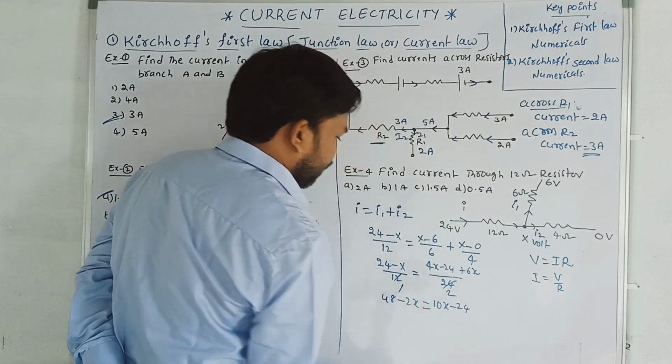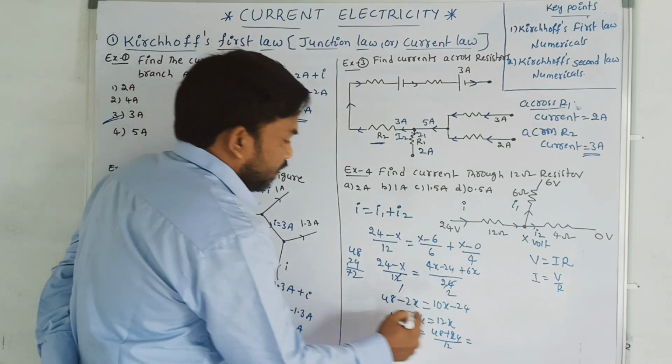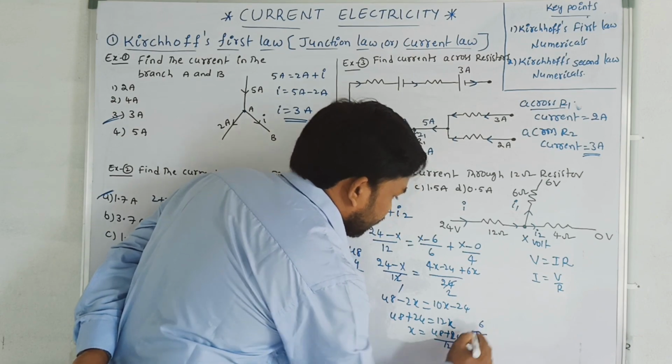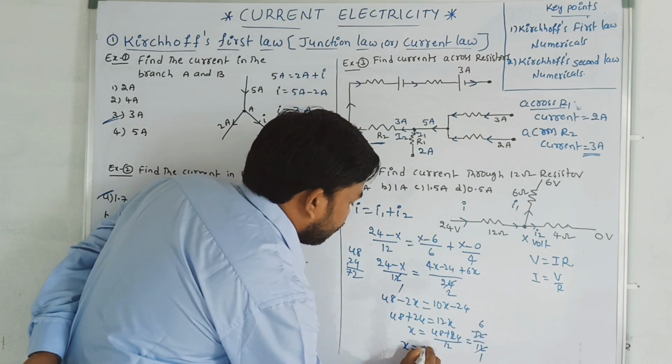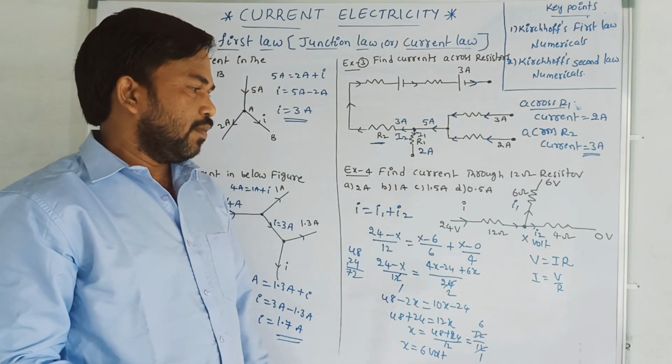So I am setting 10x on that side: 48 plus 24 is 72, equal to 12x, so 72 by 12, 12 sixes are 72. Therefore x is equal to 6 volt.